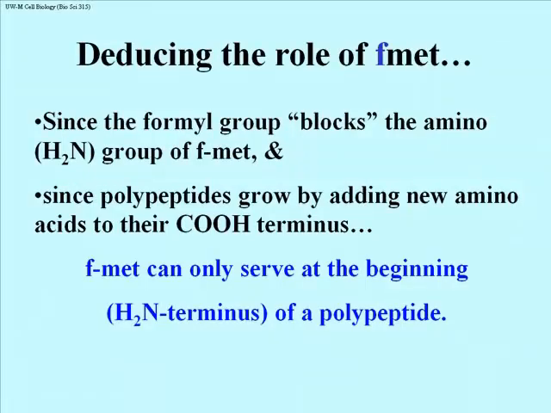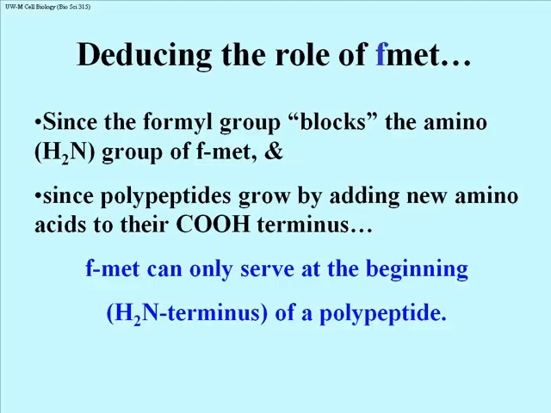What that might have done in evolution would be to prevent the formation of a peptide bond, to prevent a condensation reaction of another amino acid to the N-terminus, to the amino terminus of this formylated methionine. In other words, it might restrict chain growth in one direction, so that the chains would grow by addition to normal-looking carboxyl ends of amino acids, starting with fmet.